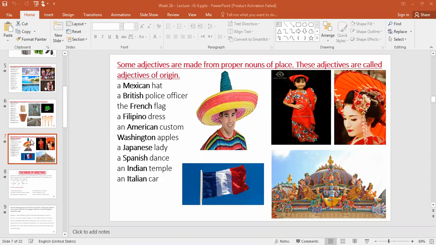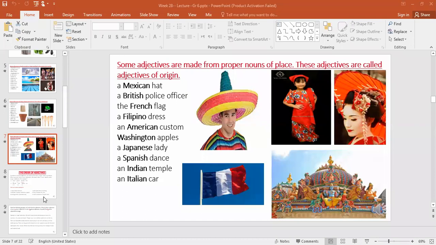Usually these adjectives are based on proper nouns of place, which means names of places, cities, countries, and so on. So they are called the adjectives of origin, and they are usually written capitalized because they are always written as names of countries.